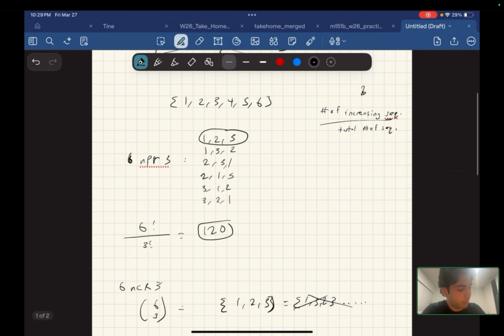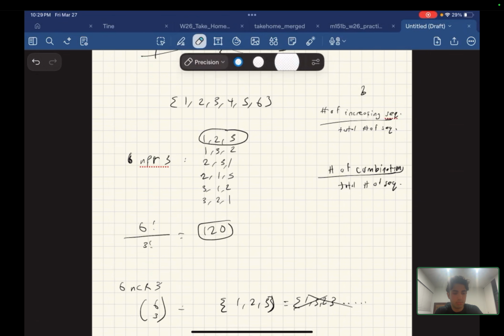So here, we can replace that with the number of combinations over the total number of sequences. Again, it's very important to understand the number of combinations is the same as the number of increasing sequences, because combination neglects order, and therefore it represents just one permutation for its whole choosing of those three numbers.